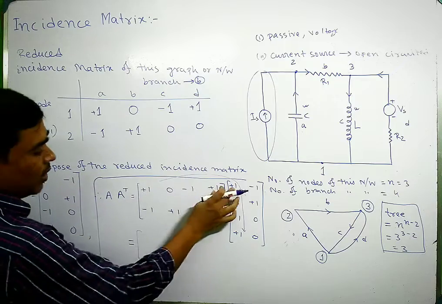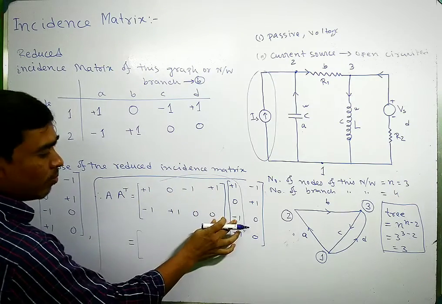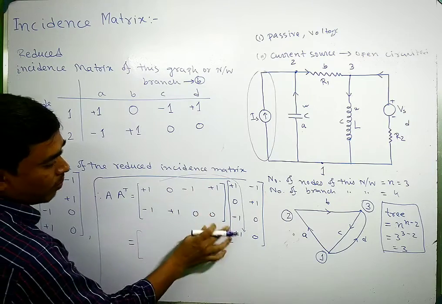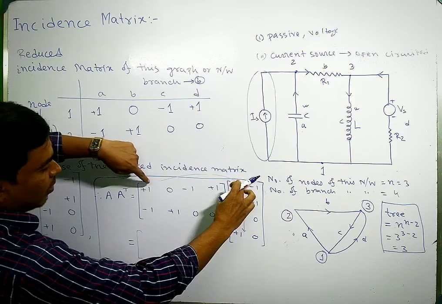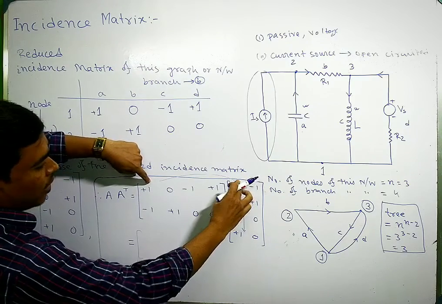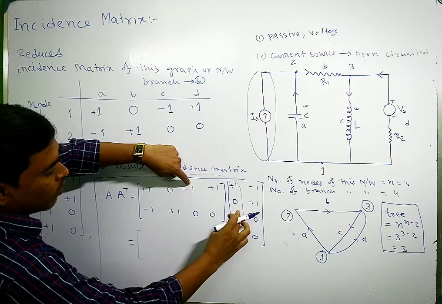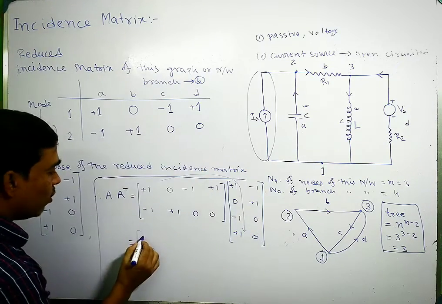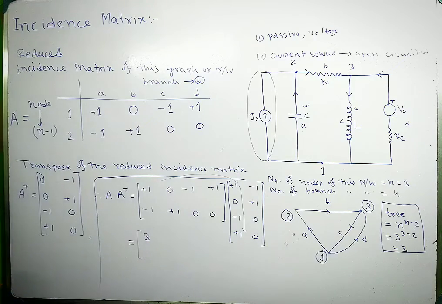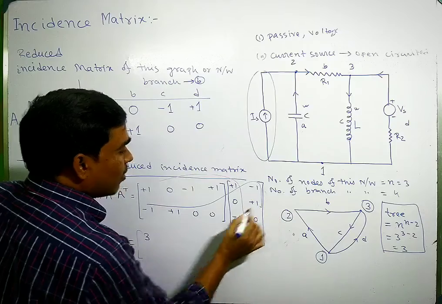From this multiplication you can get 1, from this multiplication you can get 1, so total 2, and from this multiplication you can get another 1, so it will be 3. Now you have to multiply in this way.